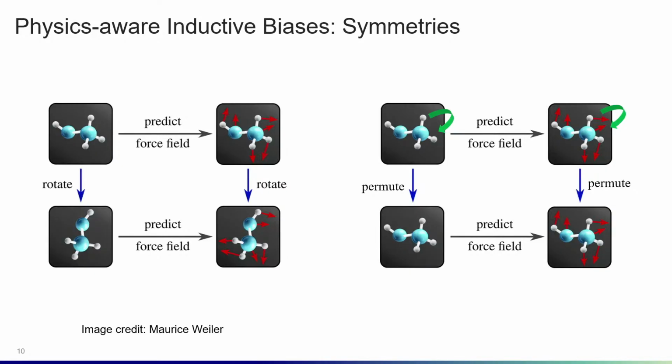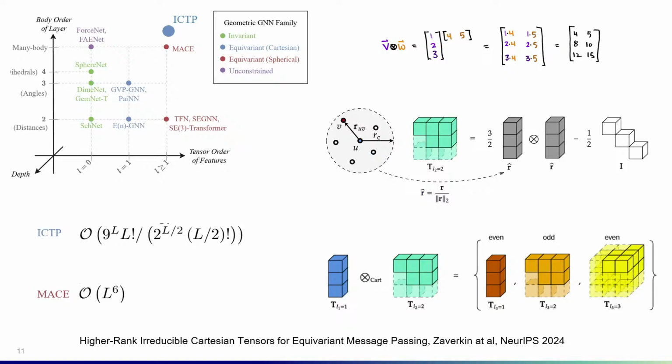And then we also have the notion of permutation equivariance on particular atoms. For instance, these two hydrogen atoms here: if you permute them, you also want to have exactly the same energy and exactly the same forces on the atoms.